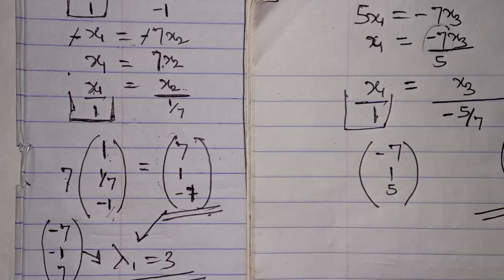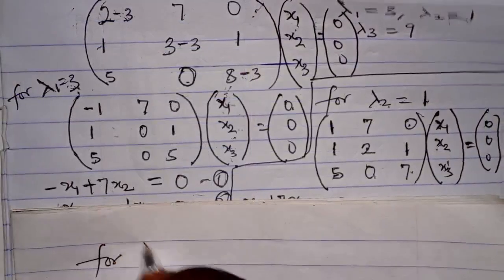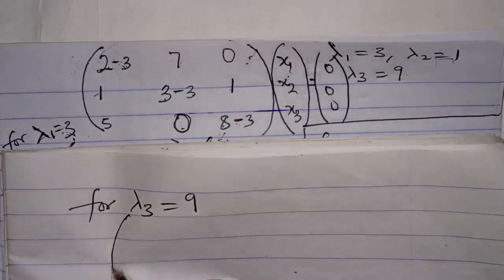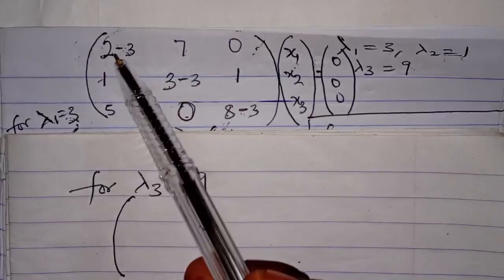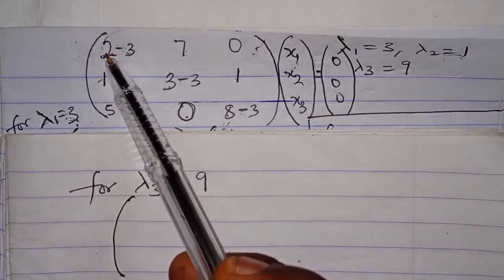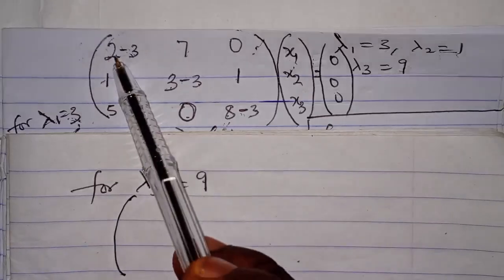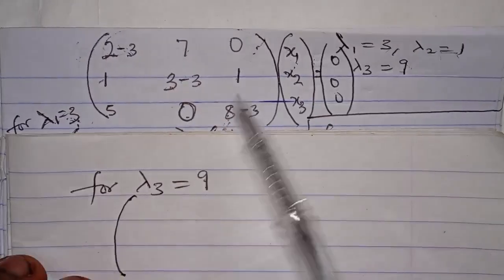Now, let's determine the eigenvector that corresponds to the last eigenvalue. That's lambda 3, and lambda 3 is equal to 9. For lambda 3 equal to 9, we go straight to the matrix. As we did earlier, we subtract 9 from the numbers on the principal diagonal.